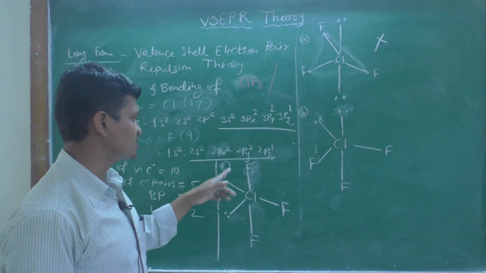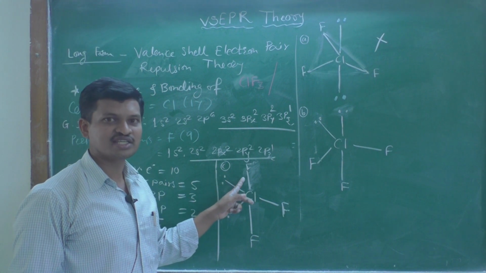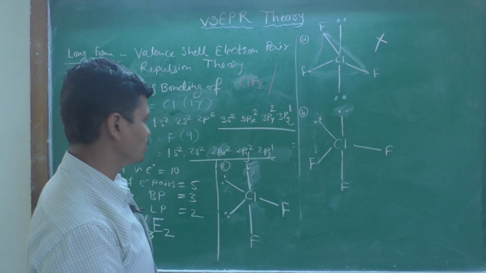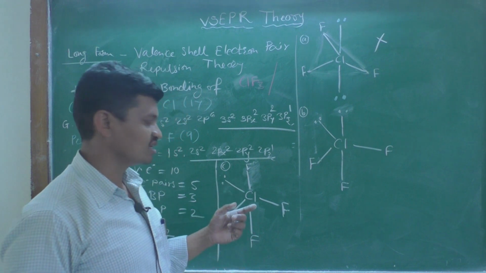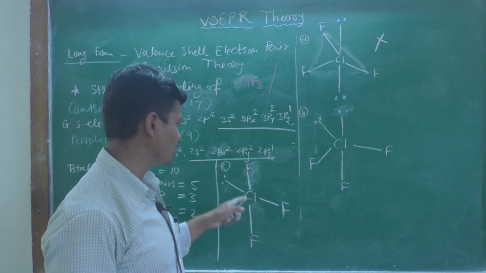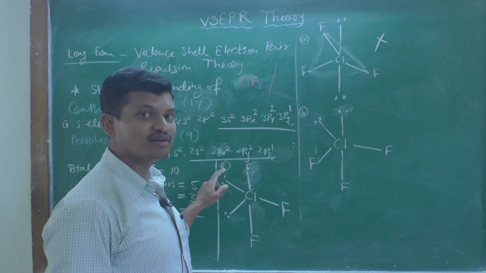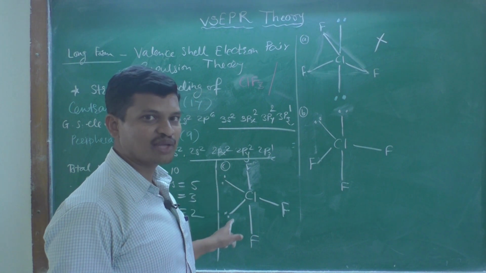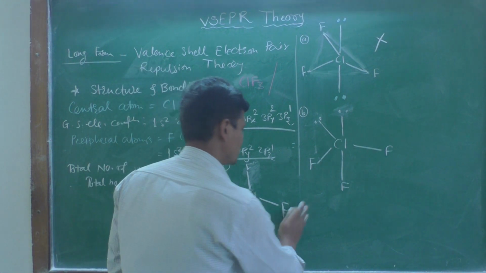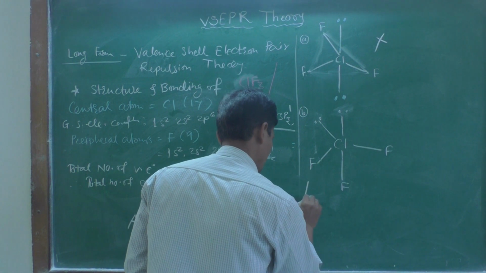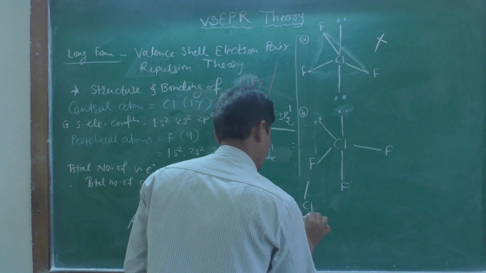So that's why this structure is the correct structure, and due to this structure, neglecting the presence of lone pairs at the equatorial position, the shape of the molecule is T shape. The shape of the molecule is distorted T shape.